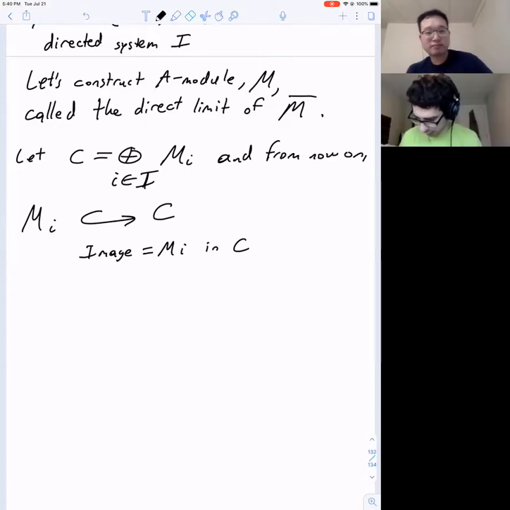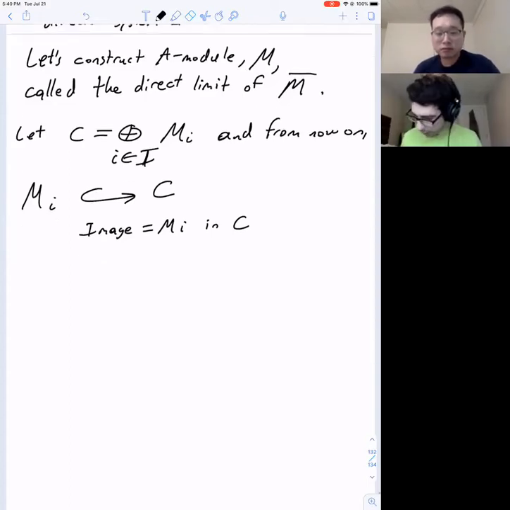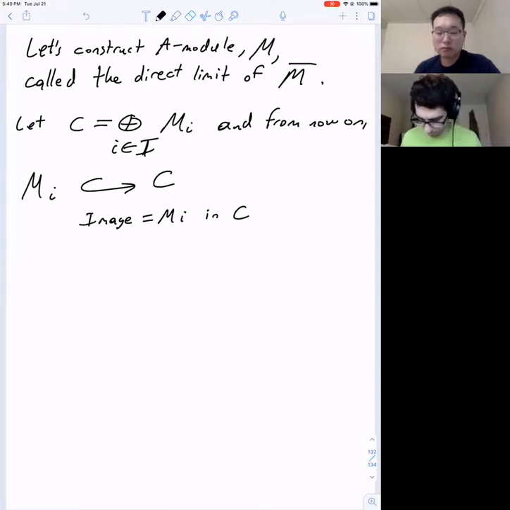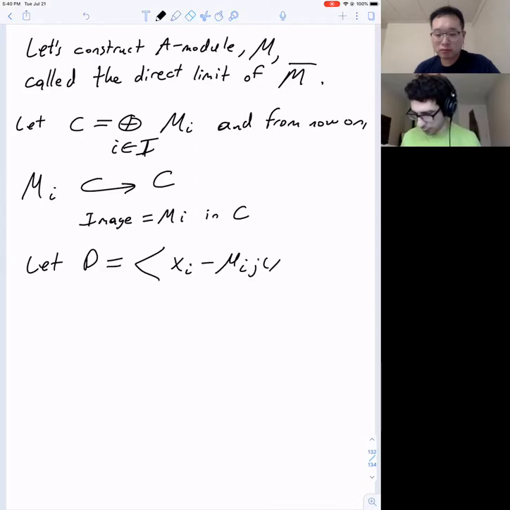Let D be the submodule of C generated by all elements x_i minus mu_ij of x_i whenever i is less than or equal to j.